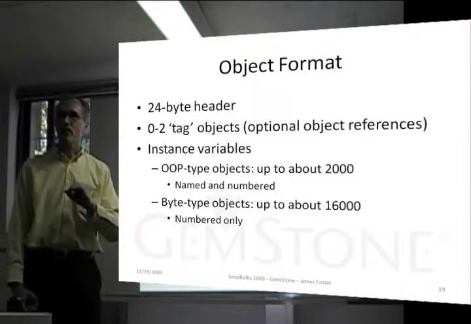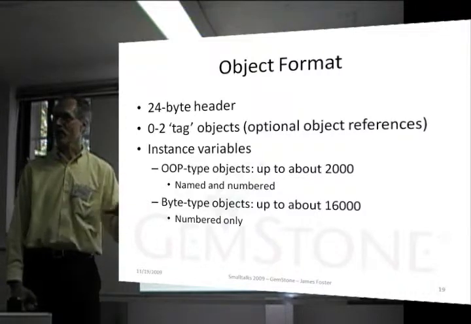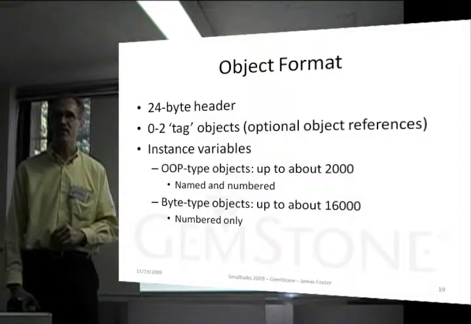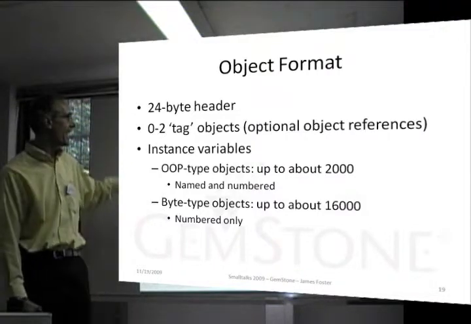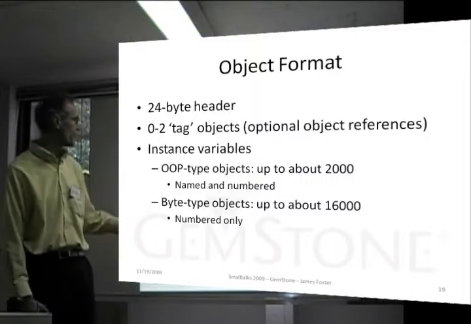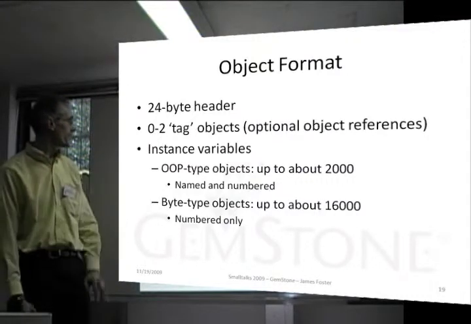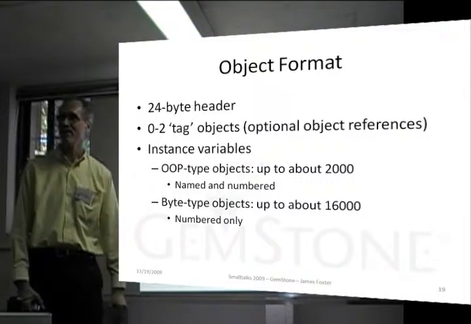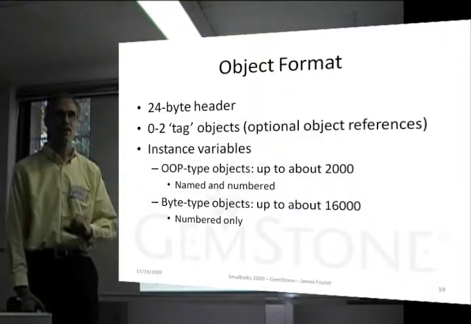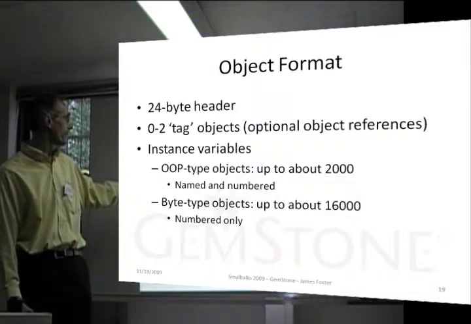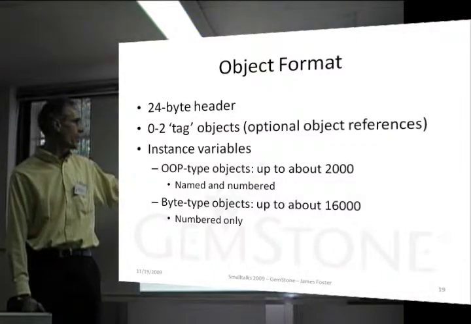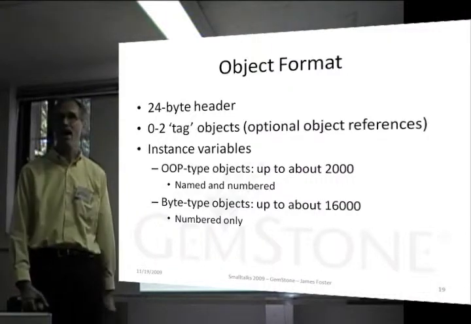Now, if we don't store it directly in the object pointer, then we actually have to have a real object somewhere, in memory or on disk. The real object has itself a structure that we'll discuss briefly. First is a 24-byte header. So 3 8-byte words are taken up with a header. After that, you can have 0, 1, or 2 tag objects.